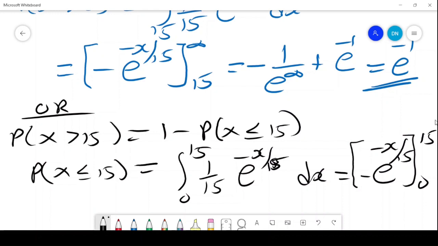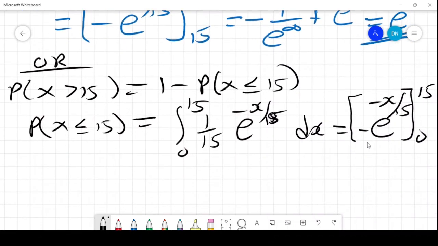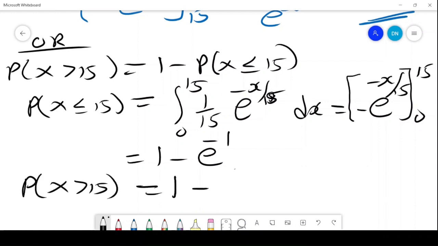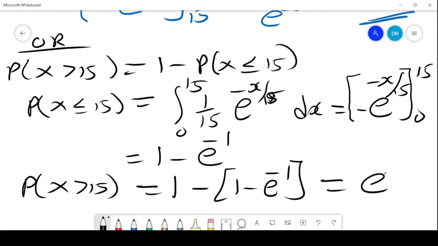So if I do that, it will give me 1 minus e raised to power negative 1. And therefore, the probability of x greater than 15 is equal to 1 minus (1 minus e raised to power negative 1), which is e raised to power negative 1, just like in the previous example. And this is equal to 0.367. So whichever way you follow, you'll come to the same solution.